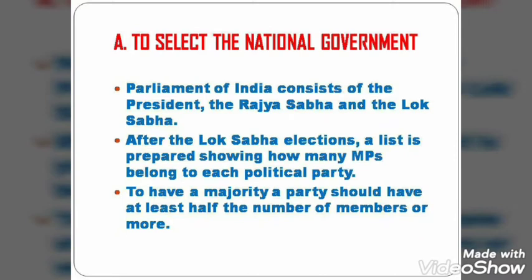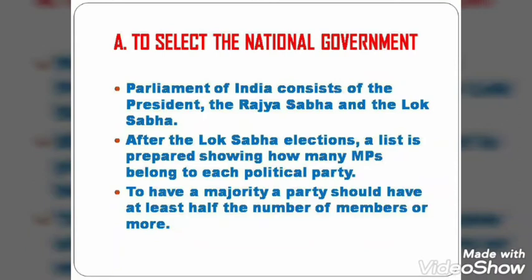They must have a majority of elected MPs, at least 272 members of the parliament belonging to the same party, and that party will become the ruling party, the majority party.